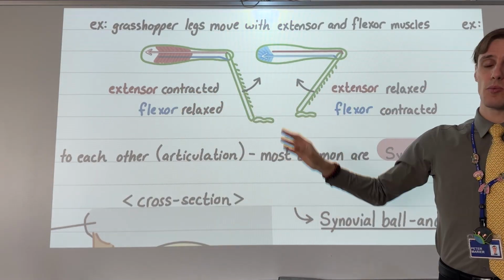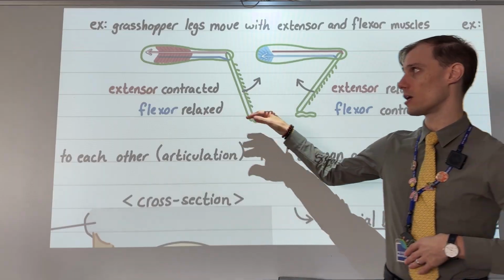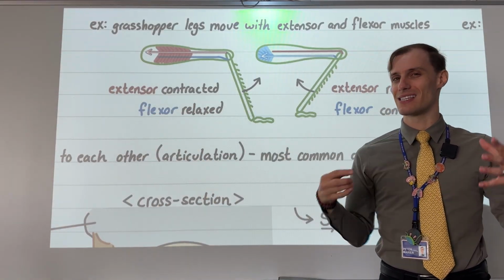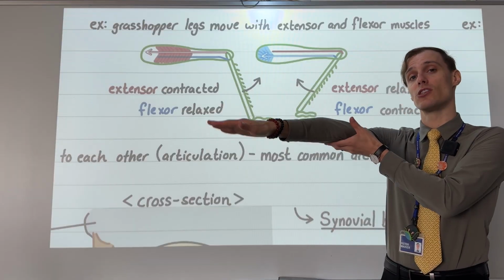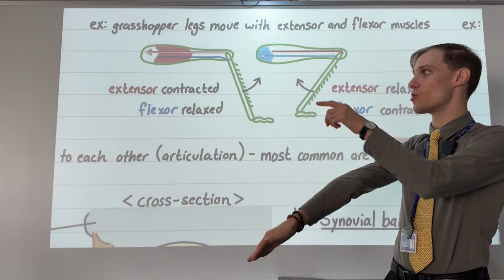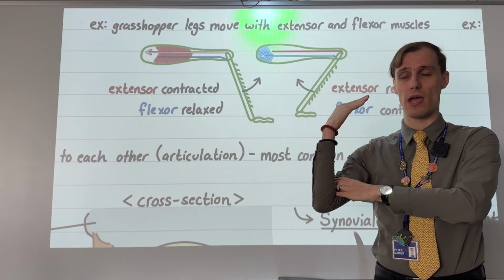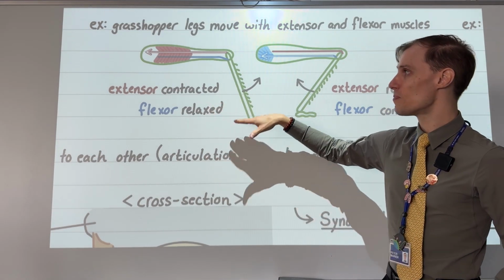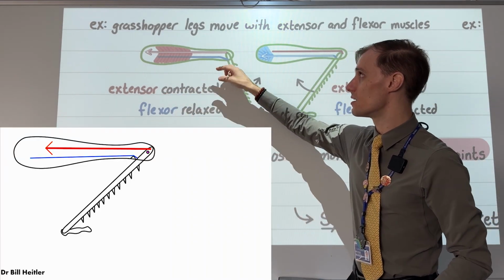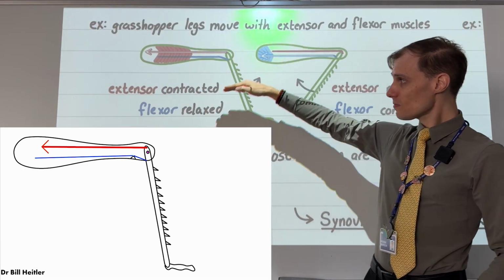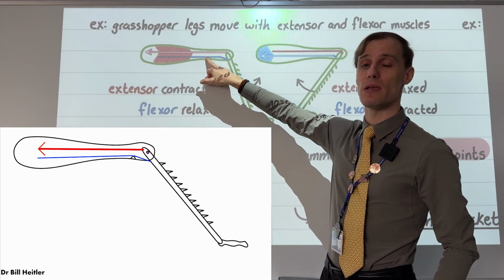In this case, we have an antagonistic pair, something called an extensor and a flexor, named after the fact that when an extensor is contracted, it extends or lengthens a limb, versus when a flexor is contracted, it bends the limb this way. So in the case of the leg, when the extensor is contracted, this pulls the leg up, whereas the flexor at this point would be relaxed.